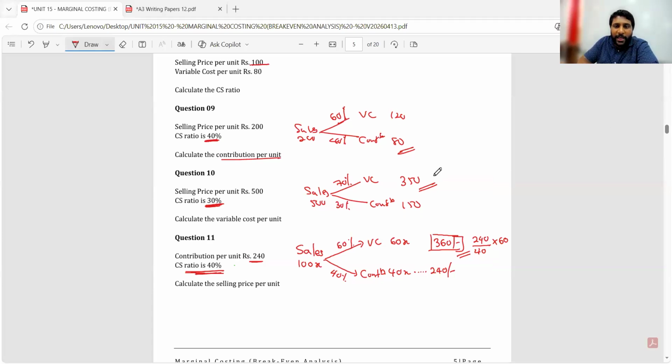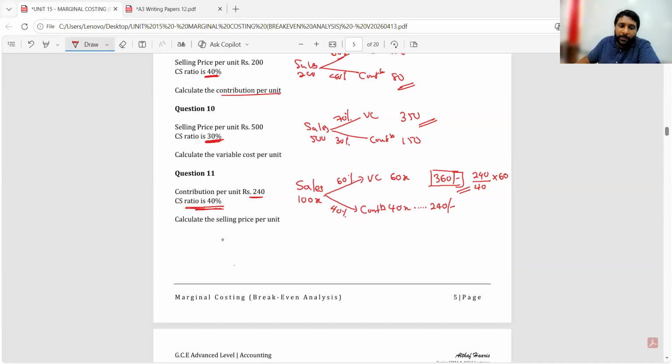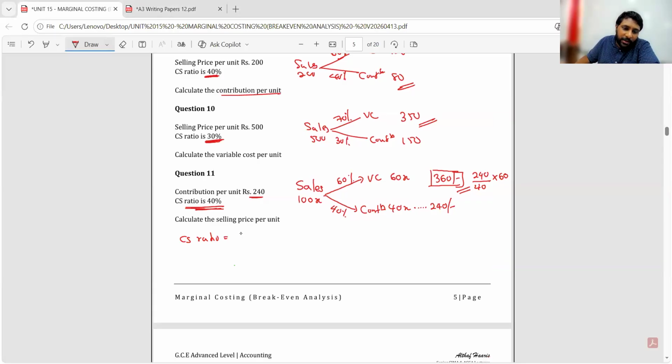If you want, you can do it like this. CS ratio equals C divided by S. Yes or no? So the CS ratio they have given is 40%. 40% means 0.4. Contribution, 240. You can find the sales. Then switch it, people. S equals 240 divided by 0.4.